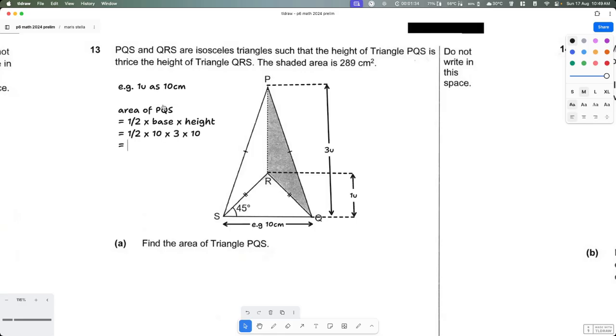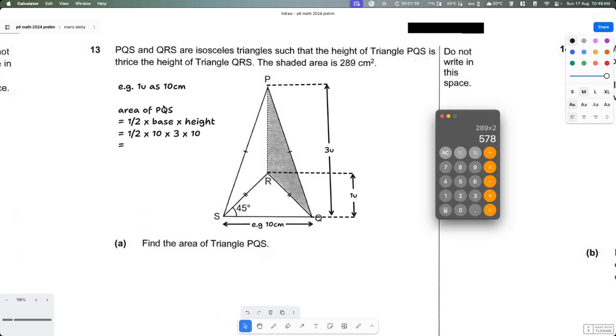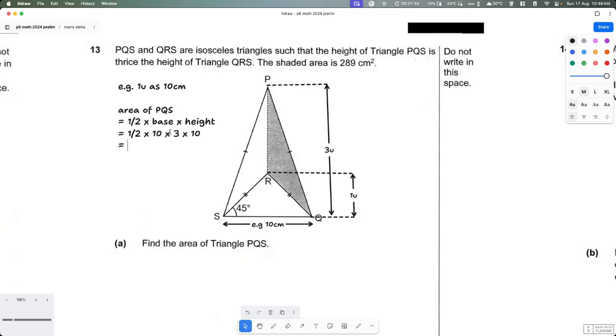So 0.5 times 10 times 3 times 10 will give you 150 centimeters squared, in this case. So what about QRS? QRS is 1 unit. So it's half times base times height, 10 times 1 unit, 1 times 10, and this will become 50 centimeters squared, right?